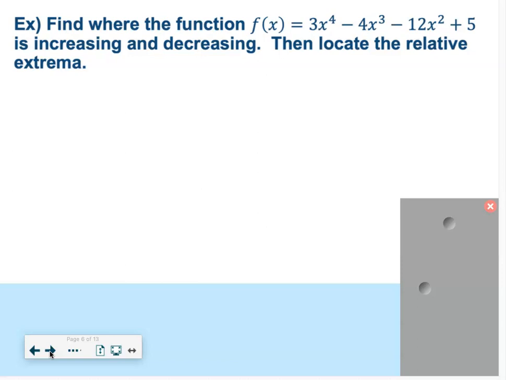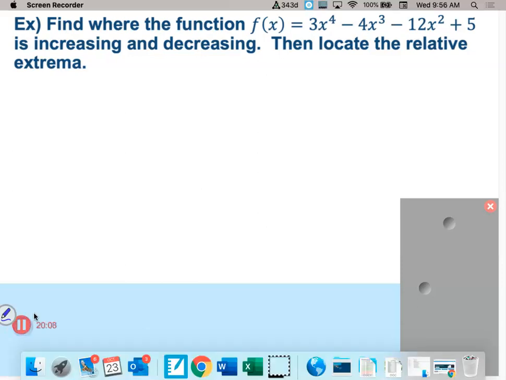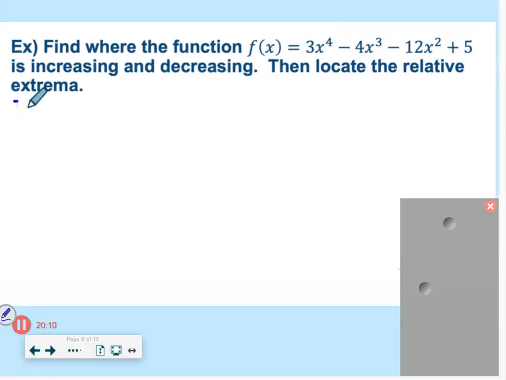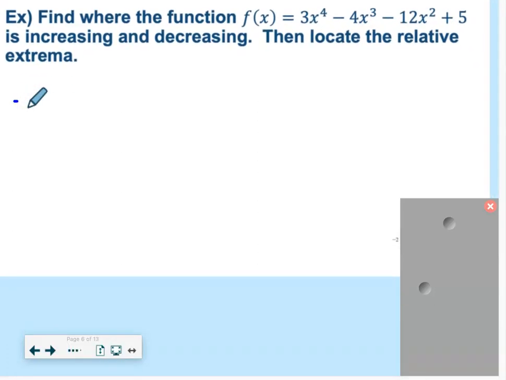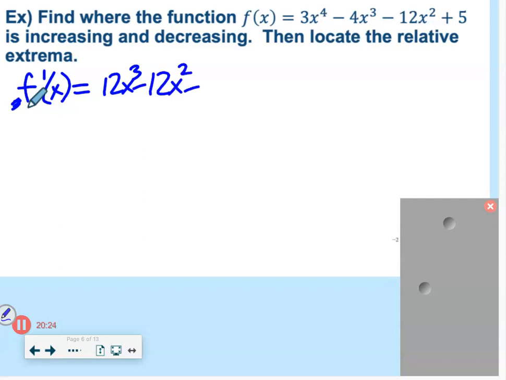So write the problem, find, okay, so our derivative, sorry, but those of you watching the tape, you're going to see that every time. Here we go. Okay. F prime is 12x cubed minus 12x squared minus 24x.